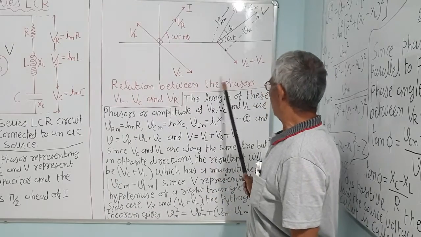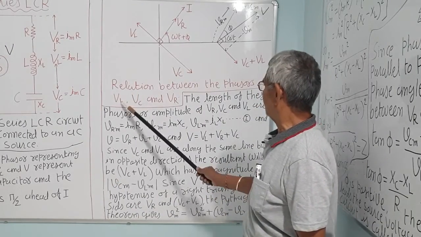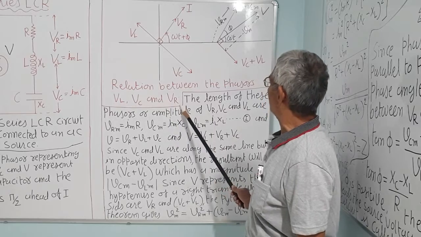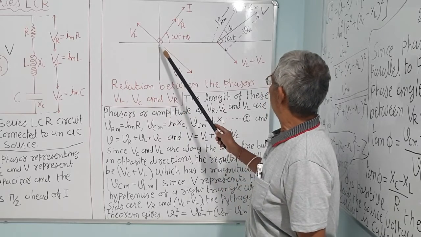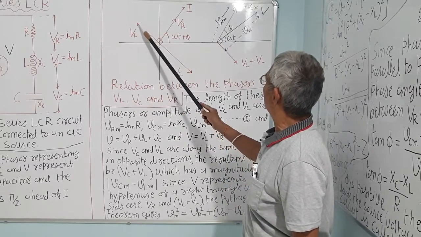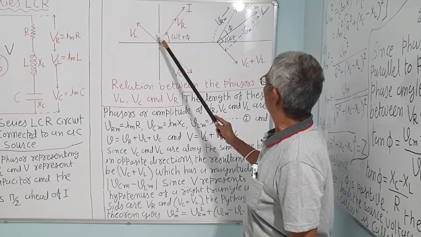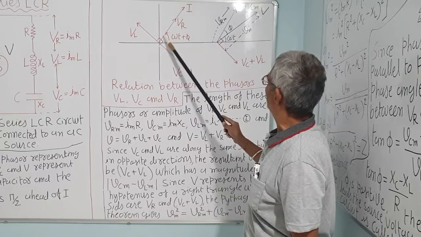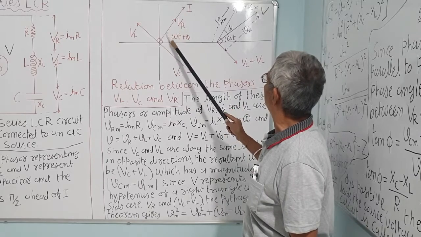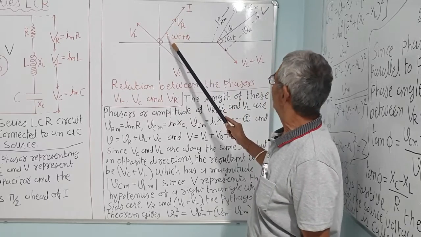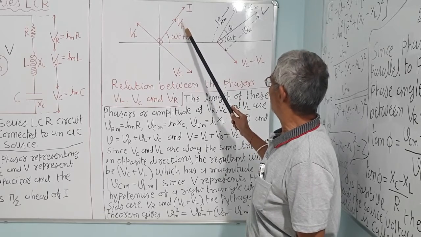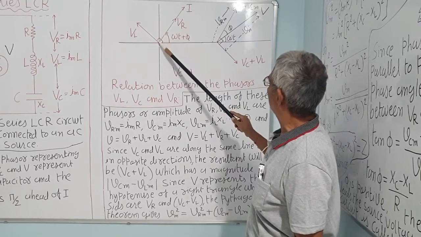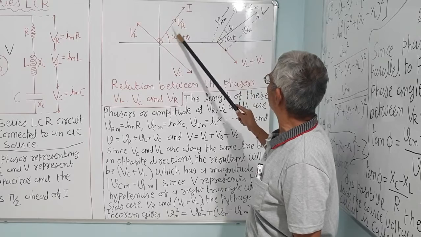Now, the relation between the phasors VL, VC and VR. In the case of the inductor, the voltage is ahead of the current by pi by 2, that is 90 degrees. The current in the resistor is in the same phase as the voltage, so VR and I are in the same direction.